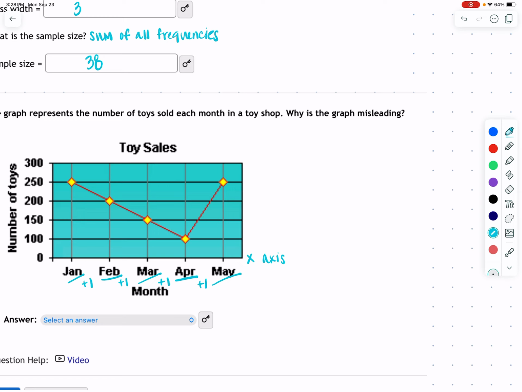I think it said the dependent variable, the outputs, are not proportional. Something like that. And then the other one said that the y-axis was not consistently labeled.